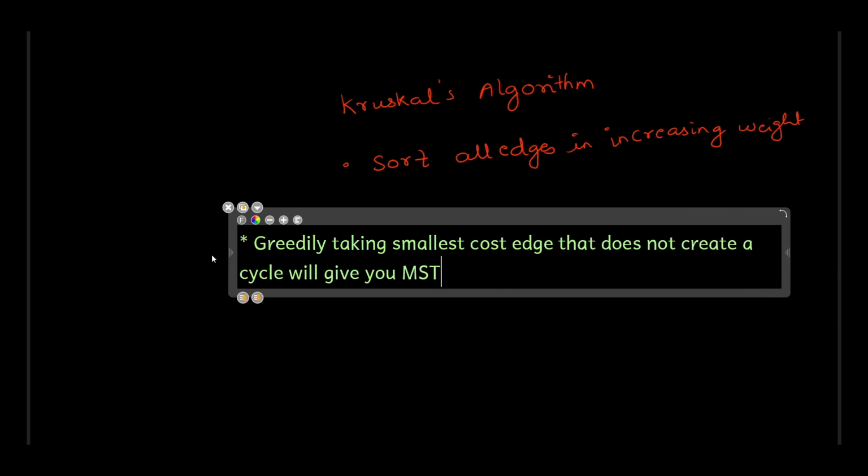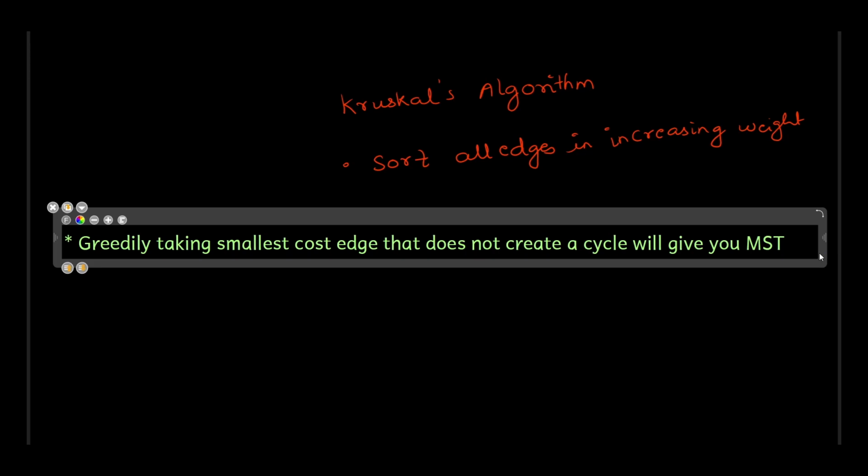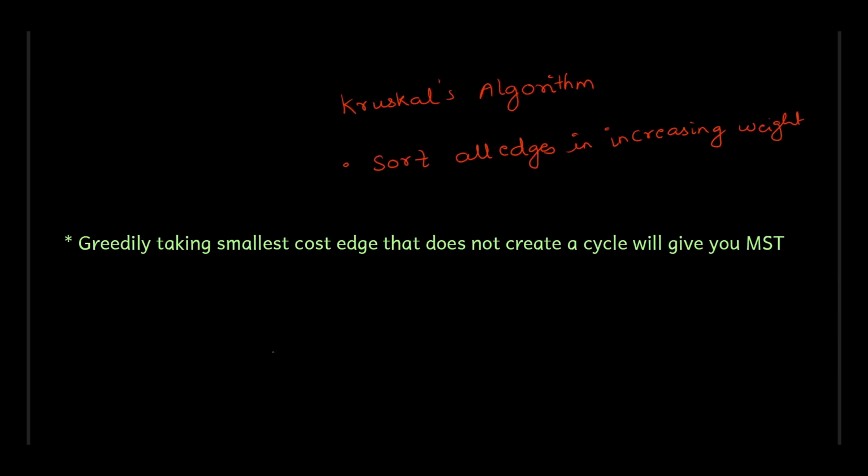This is a very standard technique that you must already know. If you have O of n square edges over here, you can start out by sorting all the edge weights. Suppose the edge weights are 2, 5, 9, 22, 100, and so on. Then you pick this edge and you compulsorily take it into your set, and suppose this edge is between vertex u and vertex v.